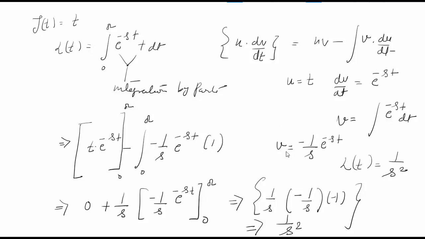If you remember the integrations directly, then it's very easy to solve. For example, e raised to minus 0, or e raised to 0, is equal to 1, while e raised to minus infinity is equal to 0.